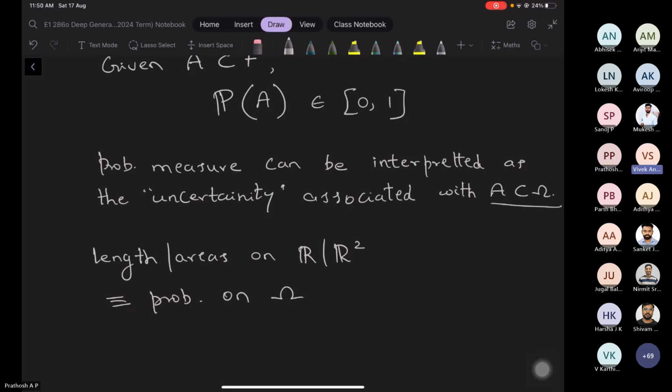Sir, if we take the set of all subsets of a set and assign a probability, an uncertainty, for each of those subsets, is that what we are talking about? Correct. Then that's called a sigma algebra. F is actually a sigma algebra, also called the event set.